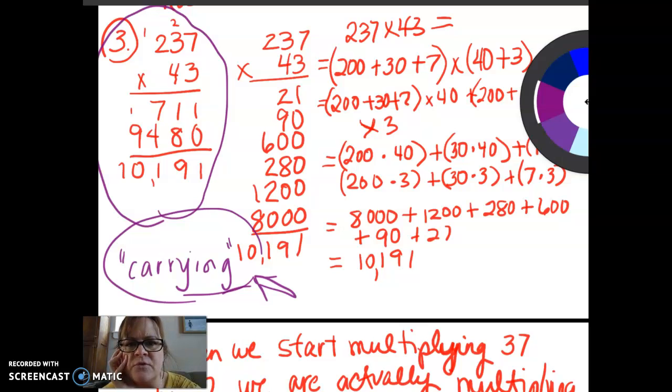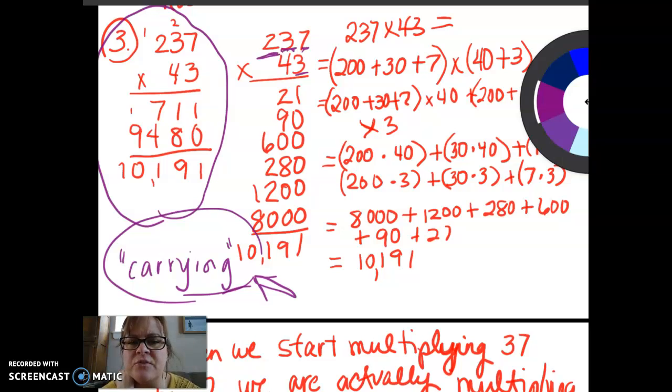So when we do 237 times 43, again, we're going to acknowledge each of our units and the value of each unit and write down basically all the partial products here. So 7 times 3 is 21. Then we would do this 3, but that's actually a 30 times 3 and get 90.